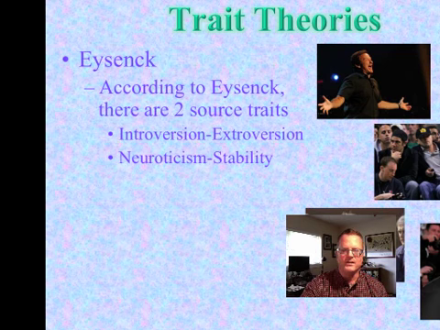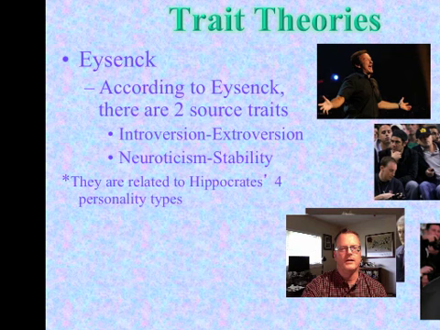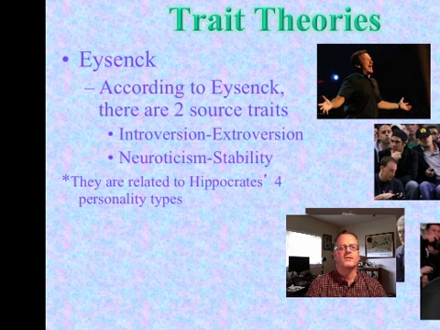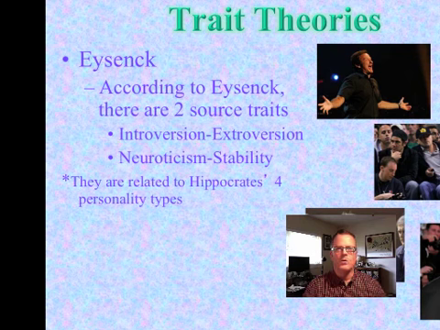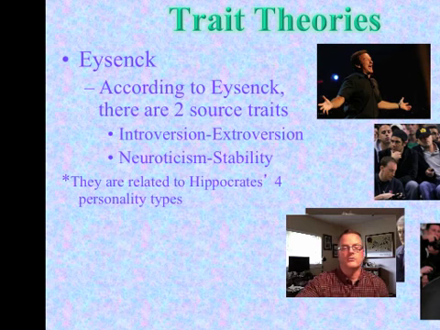And now, based on these, imagine that you draw yourself a grid where the y-axis is introversion, extroversion, and the x-axis is neuroticism and stability. And people's scores range low on neuroticism or high on neuroticism, low on extroversion, high on extroversion.